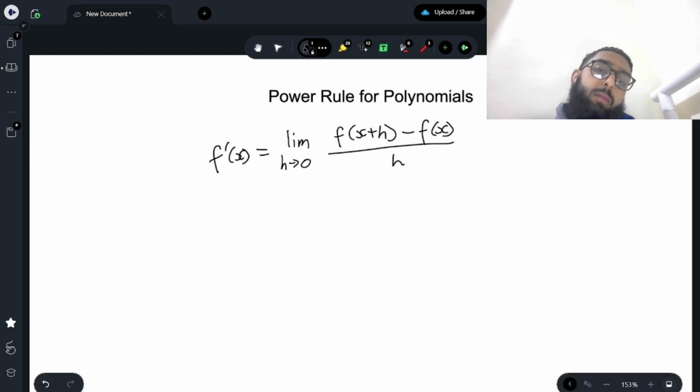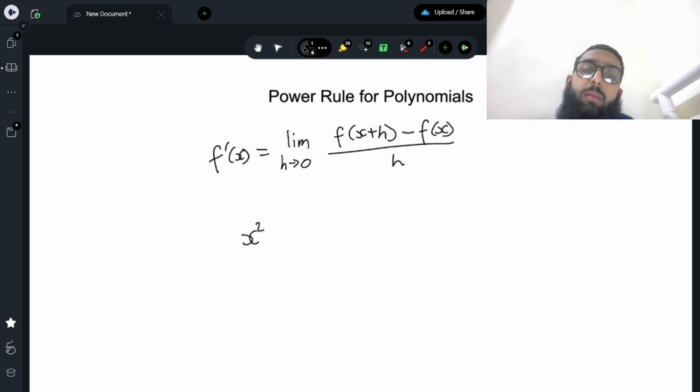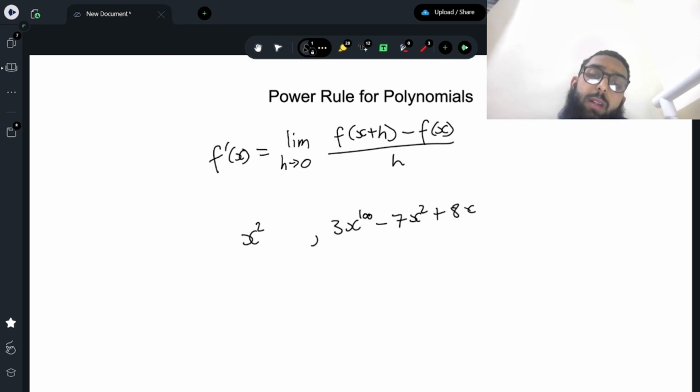For example, x squared is a polynomial. 3x to the 100th minus 7x to the 2 plus 8x to the 71st power is a polynomial because it's just the sum of x to the power of some constants. So anything like this, even x plus 2, is a polynomial.